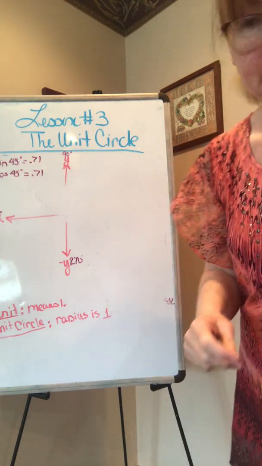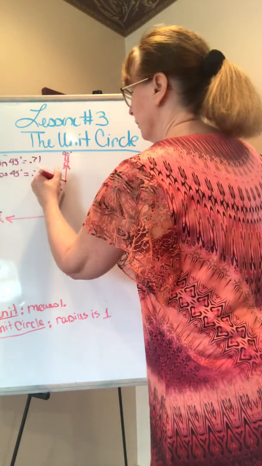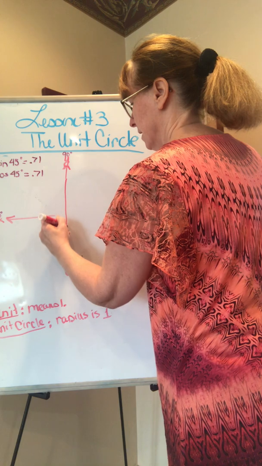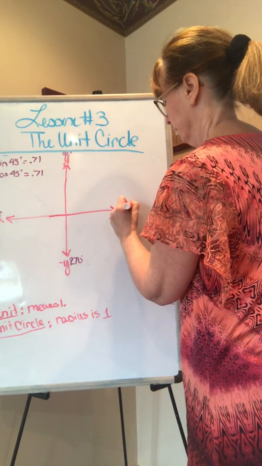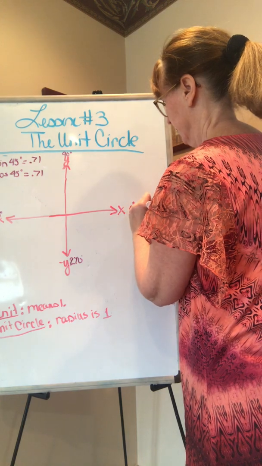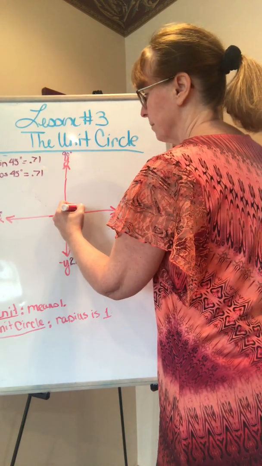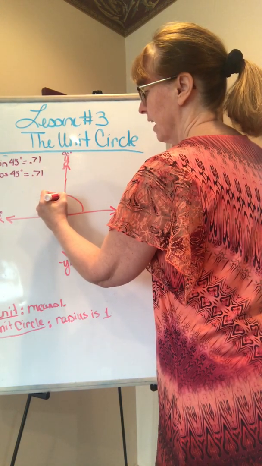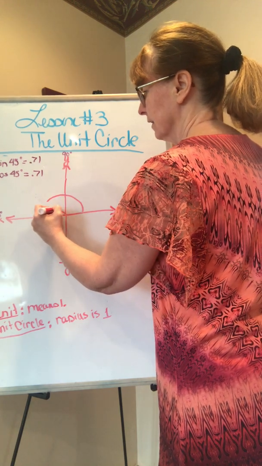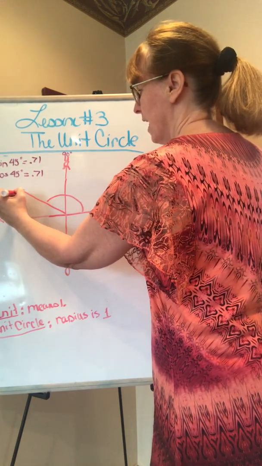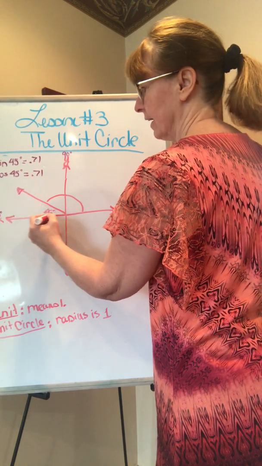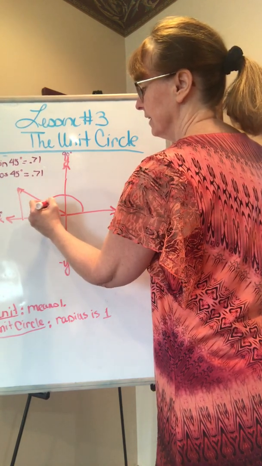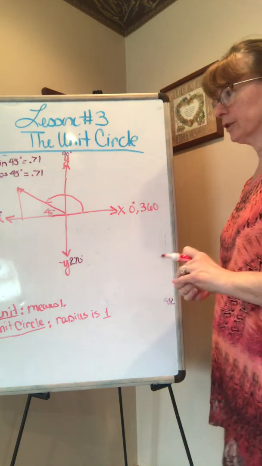So let's put my y-axis back in and my x-axis back in. If I went beyond 90 degrees and went into this second quadrant and gave myself a 45-degree reference angle, see, now this is the angle that I drew.